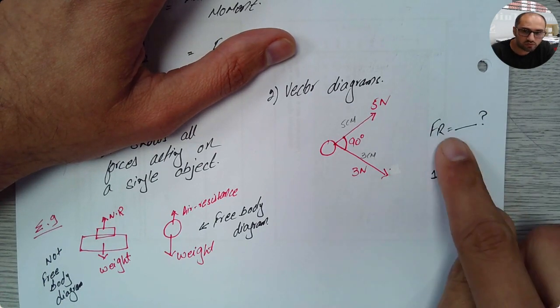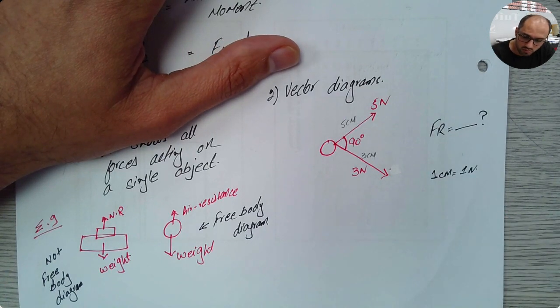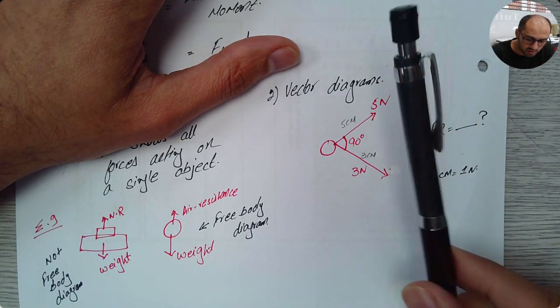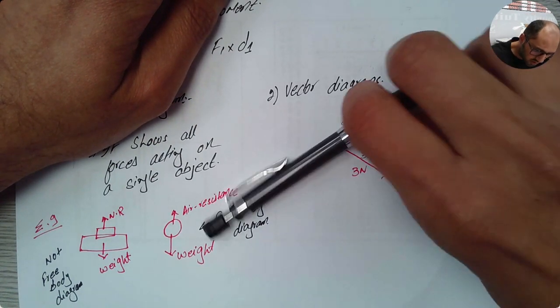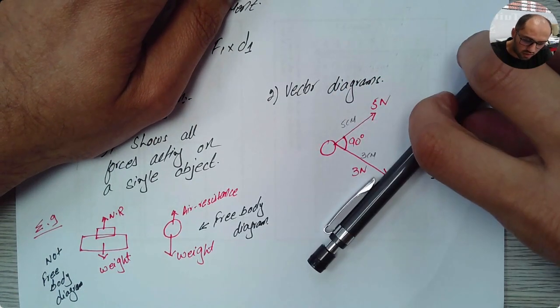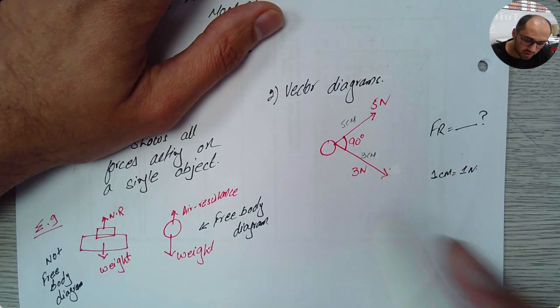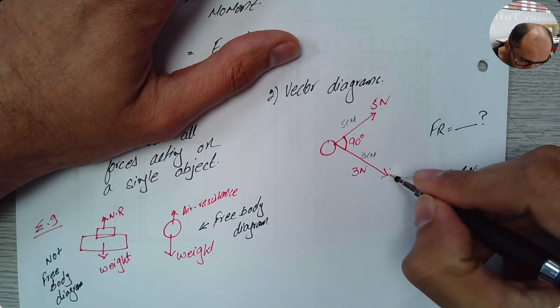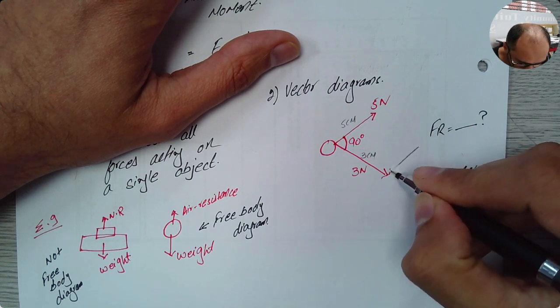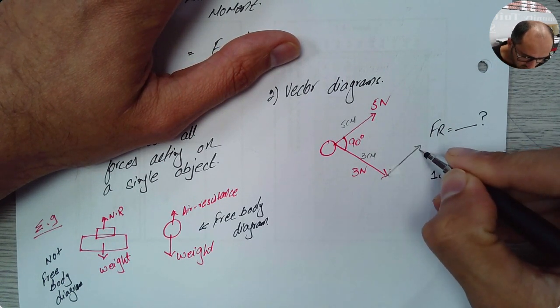The question will ask you to find the resultant force. So what you will need to do in this case is you'll have to either take this force from here and put it there, or you can move this force from this location to there. In my case, I'm going to use the second option where I'm going to move this 5 Newton to this location. So if I move this 5 Newton force to this side, this will appear like this.